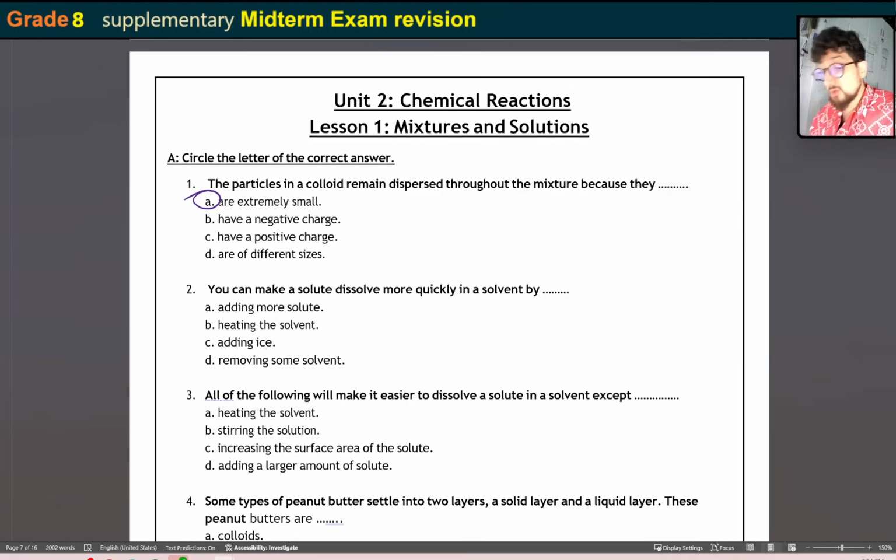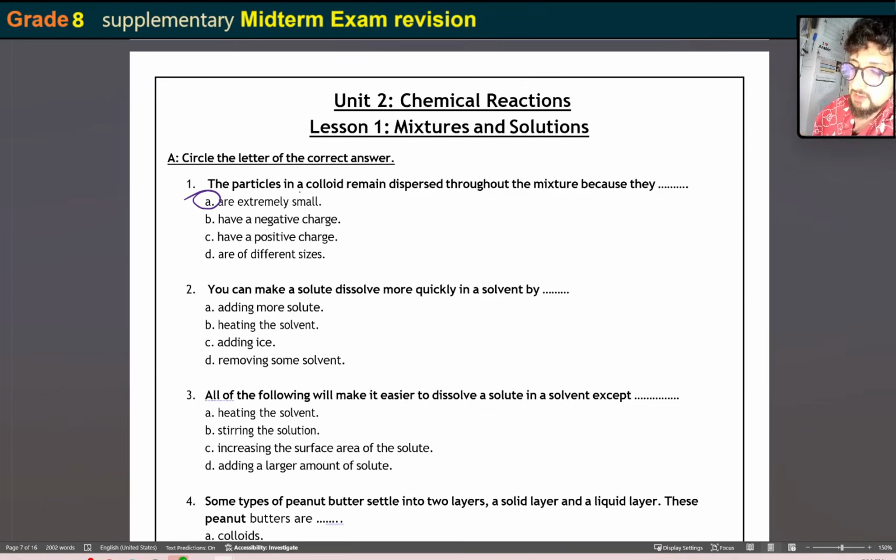So they could well be negatively charged, and negative charges will repel each other. But for the purpose of this exercise, colloids, like milk, have very small particles that are evenly distributed and they don't settle over time like in suspensions. So they are extremely small and that's why they are evenly distributed.